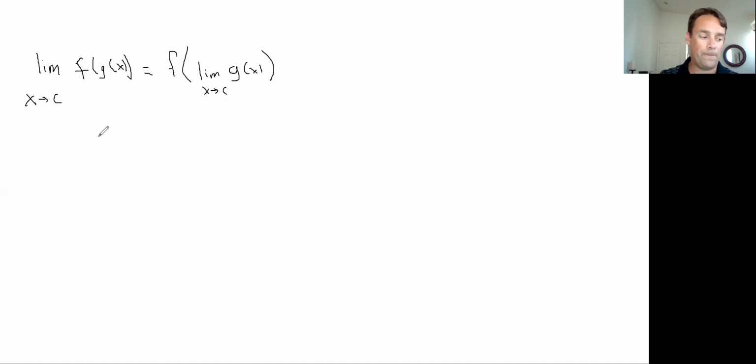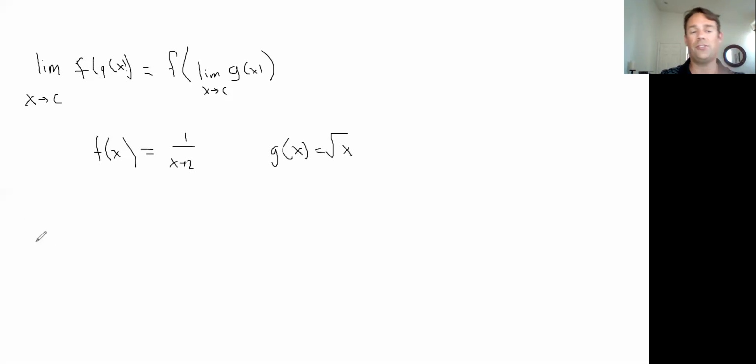Say I give you a function, f of x. Let's let f of x be equal to 1 over x plus 2. And let's let g of x be equal to the square root of x.